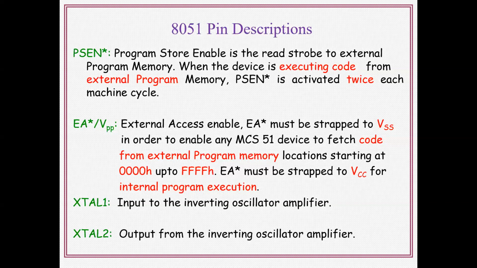For internal program execution, EA bar must be strapped to VCC. That indicates this pin selects internal or external memory. If EA bar equals 0, external memory is selected. If EA bar equals 1, internal memory is selected.